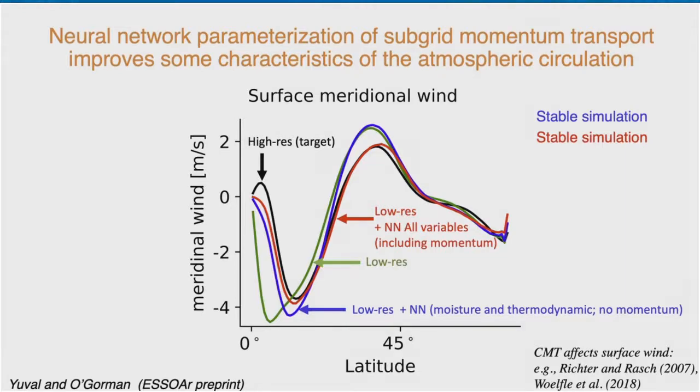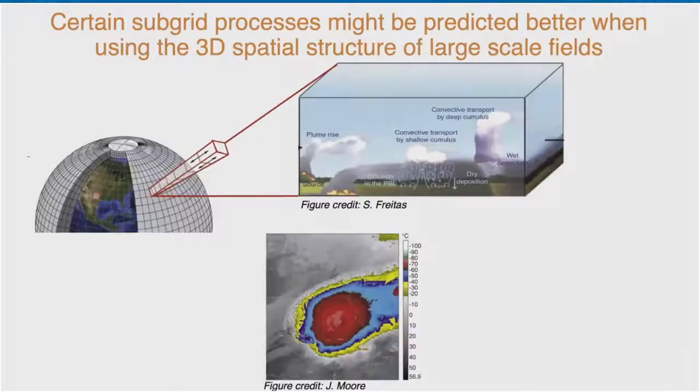So now we want to revisit this decision of using a single column parameterization. What people think about atmospheric parameterization is the following. We look at an atmospheric column. We need to model processes that transport things in the vertical, like convection, clouds, and so on.